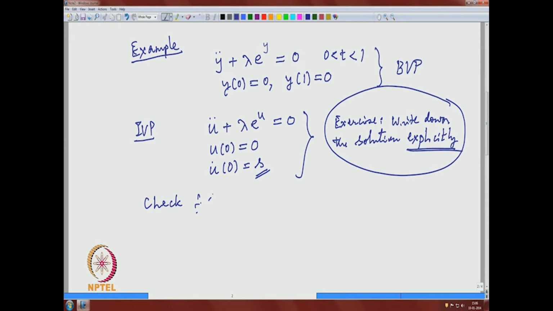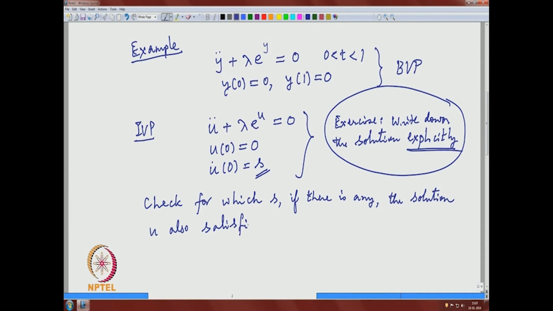for which S, if there is any, it is not guaranteed, the solution u also satisfies the other boundary condition, namely u(1) equal to 0.